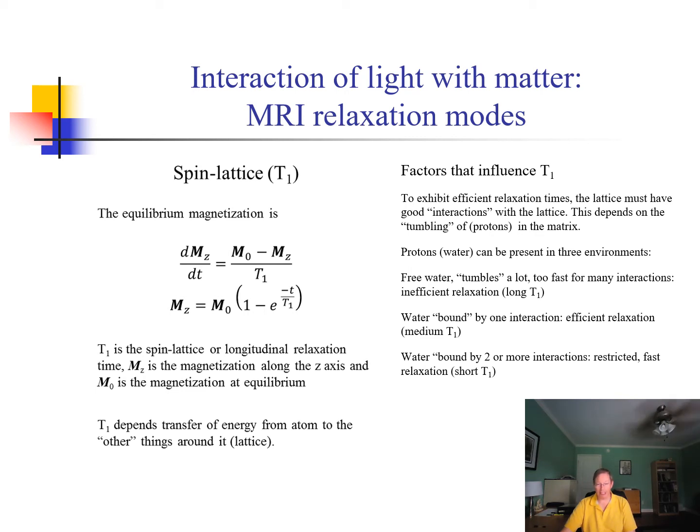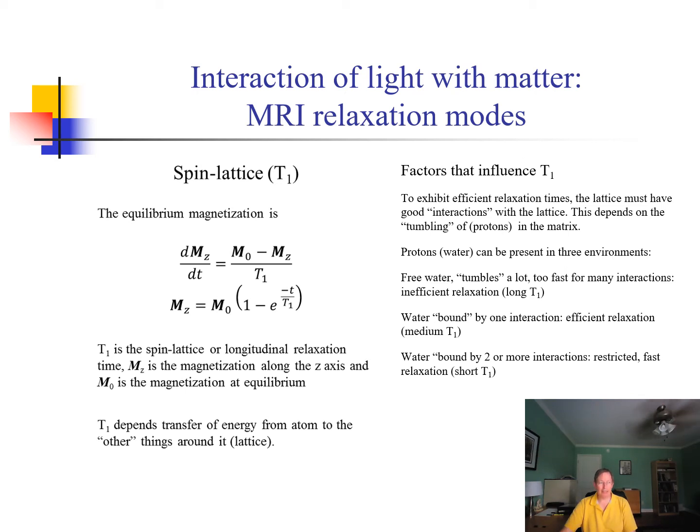So Mz, the z-axis of magnetization, is the way I define it for this spin-lattice relaxation. If I take that differential equation and integrate it, I'll see an exponential relationship between that magnetization and how it's changing along the z-axis. That change in the magnetization has a certain time constant, which I'm going to call T1, and that depends upon the transfer of energy.